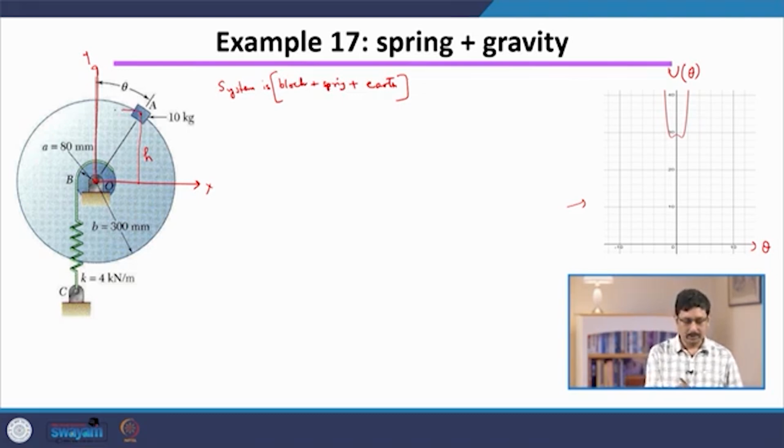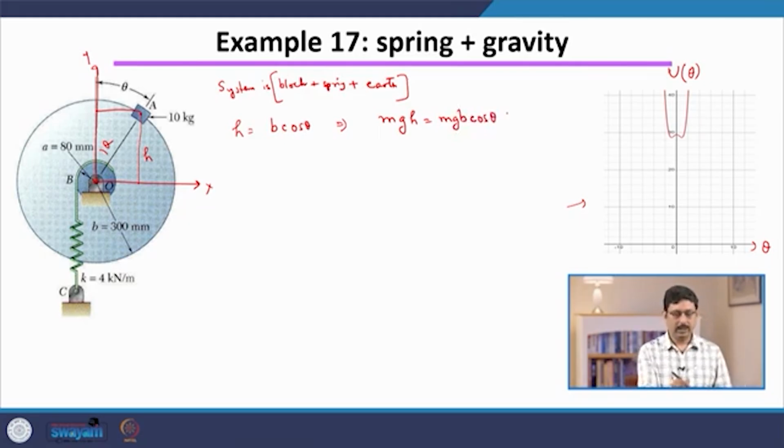From this picture it is clear that this angle is theta, so the height is b cos theta. That means the gravitational potential energy is mgh, which is mg b cos theta. If h is positive, it is positive, and if h is negative, it is negative.